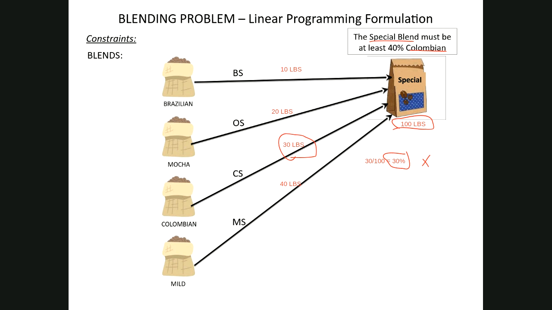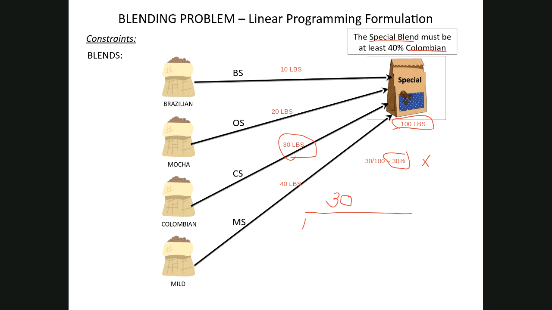The first thing I want you to notice is that we've got 30 pounds of Colombian in our special, and we've got 100 pounds in total in this special. And this is going to seem trivial, but I hope it helps.